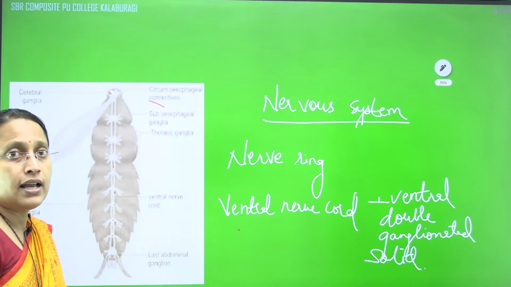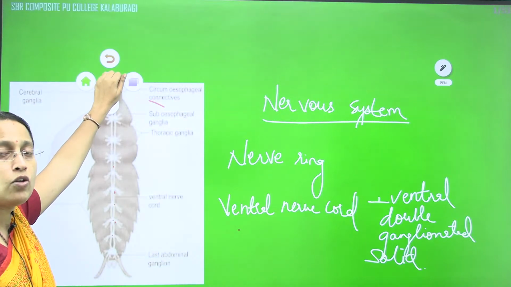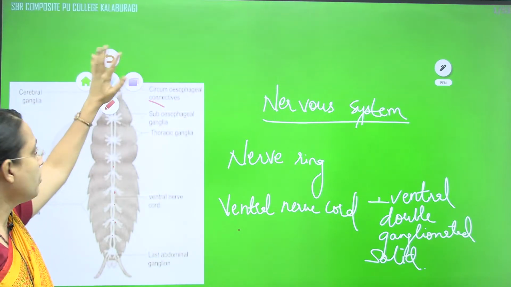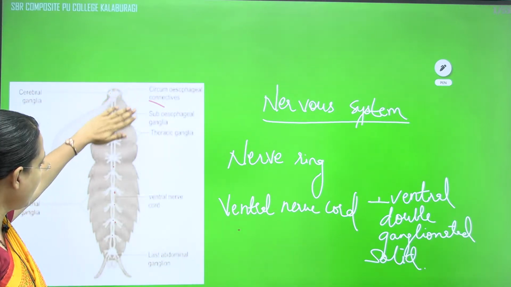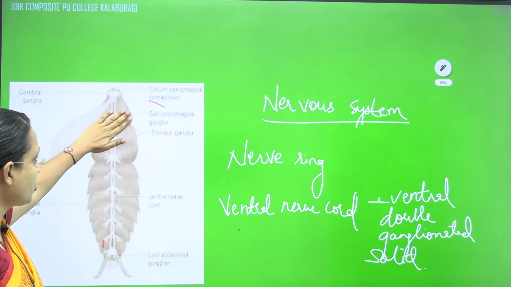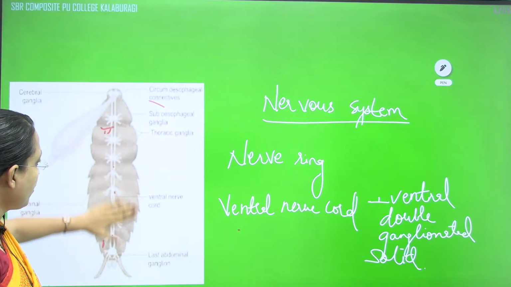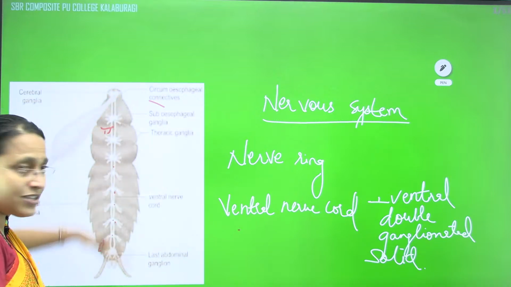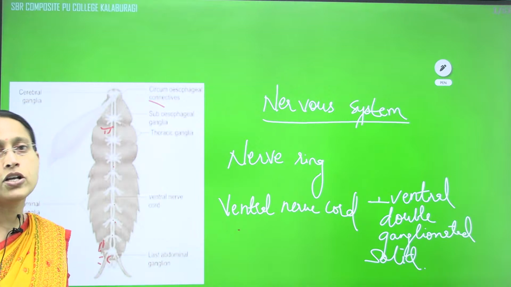Decentralization means the control is not just in the brain. Human beings have a centralized nervous system, so most of the control is in the brain. But here, only a portion is controlled by the brain. The remaining nerves can function independently and carry out functions here. That means the control process is not centralized but decentralized. Even these ganglions do the control process.